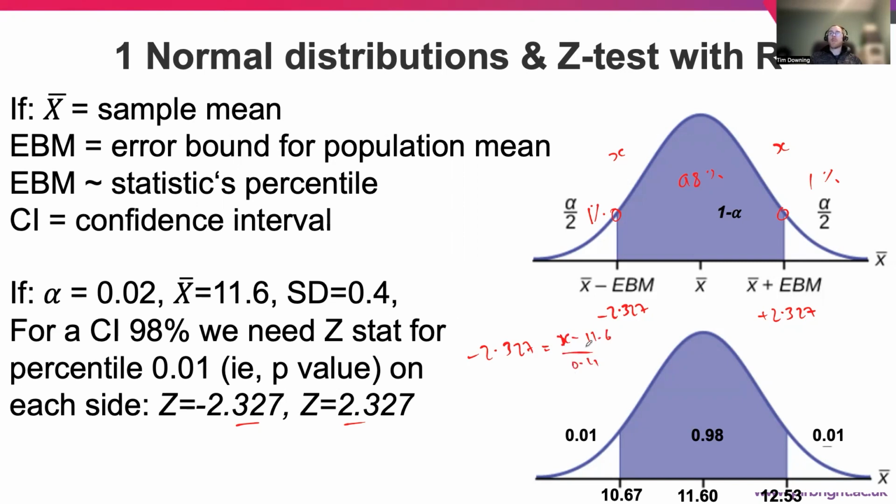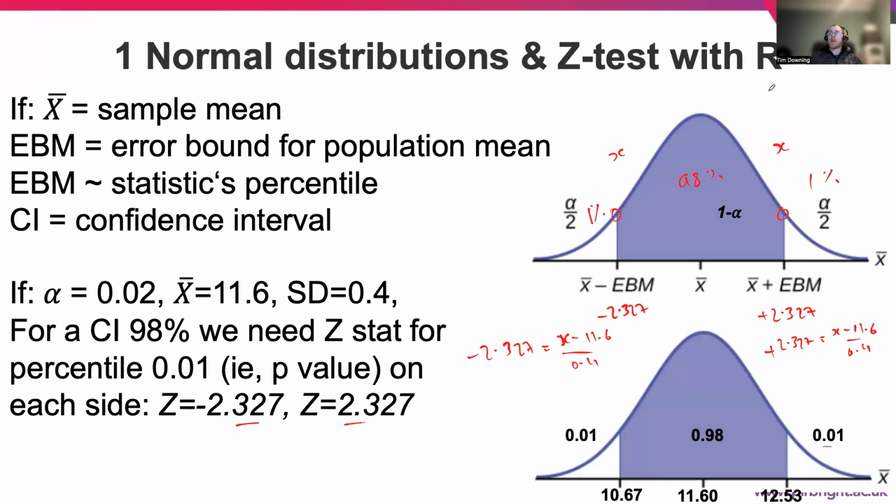And we work this out to estimate X, and we do the same on the other side to get that value on the other side. And that will give an estimate X.